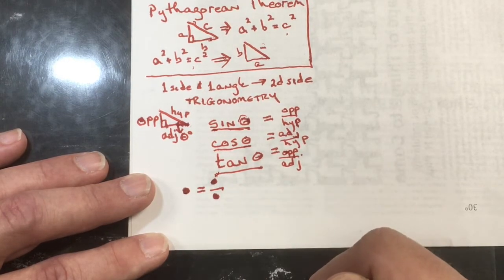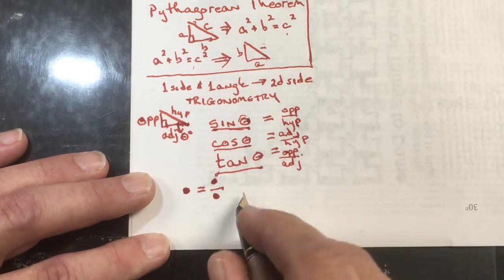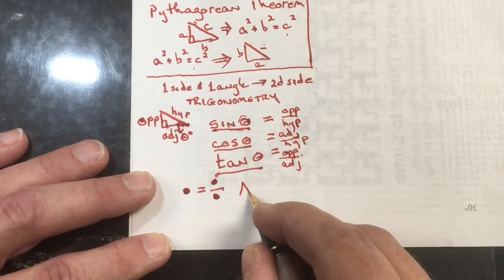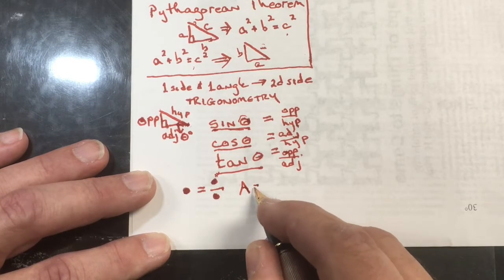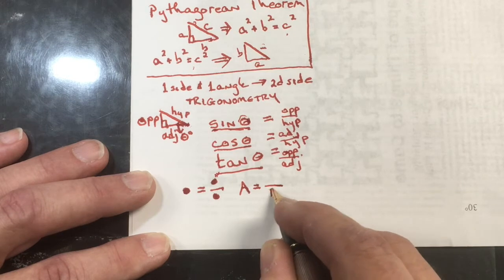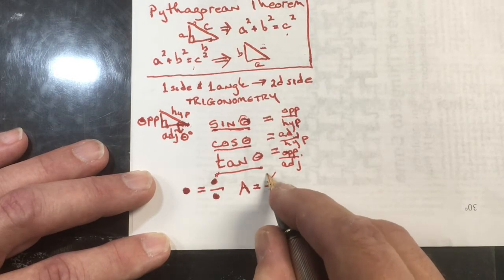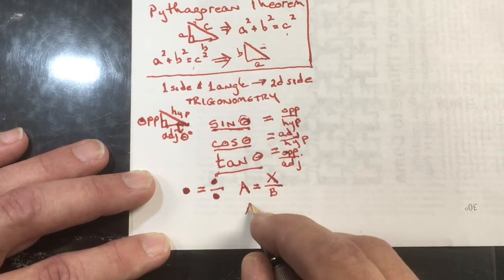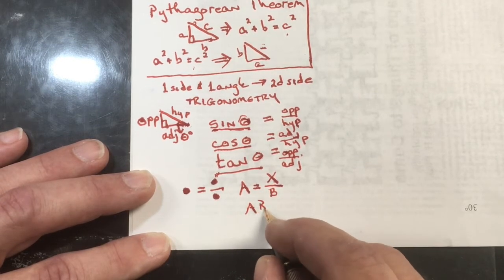If you have this, and you have this, sine of, and you're looking for this, for X, you multiply A times B, and that will tell you what X is.